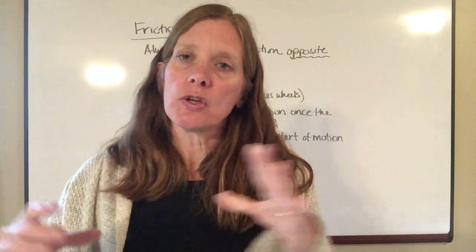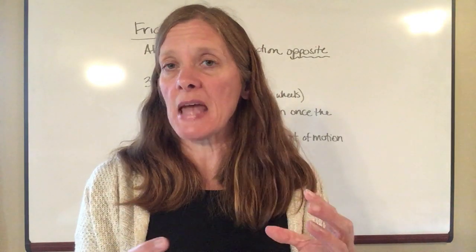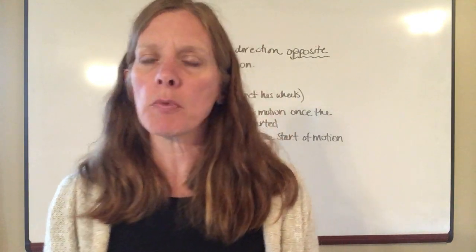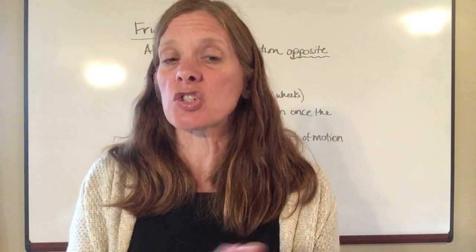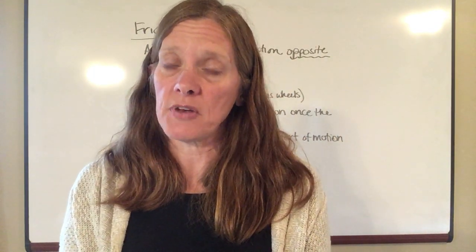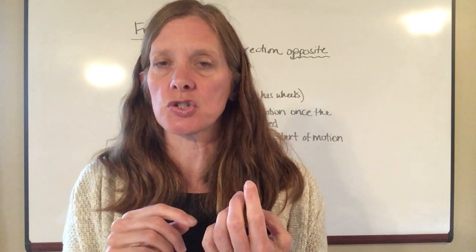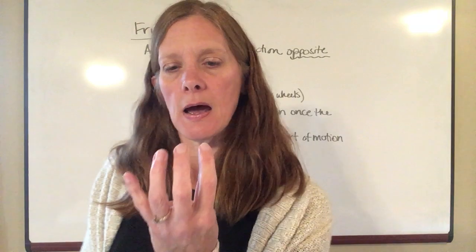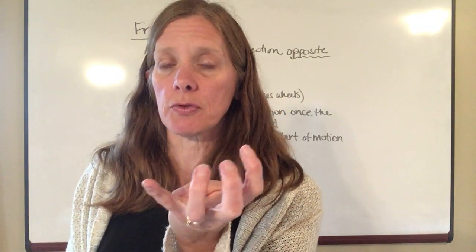And so when you have an object and you have a lot of empty space within the atoms of that object, it's almost as if the edge of the object isn't smooth, even though it may feel like it to our fingertips, but in actuality, it's a very bumpy type of surface. So let's say that this right here is the surface of a box, or the surface of the floor.